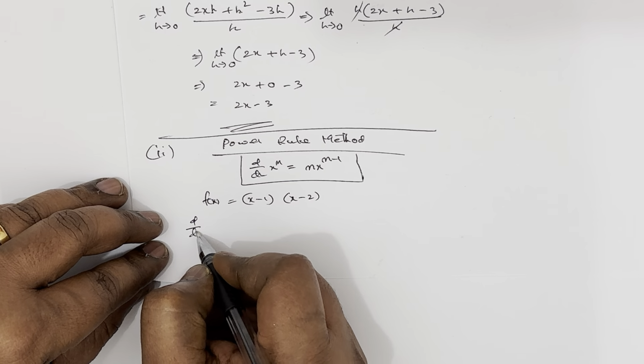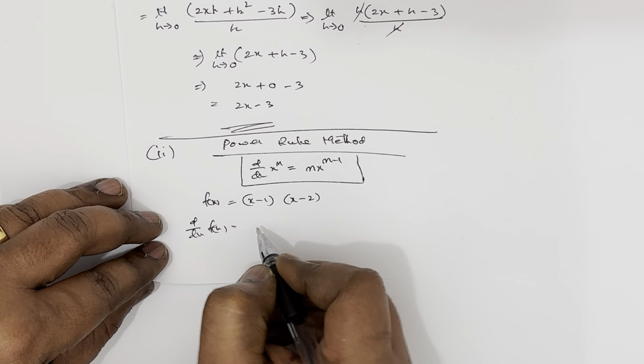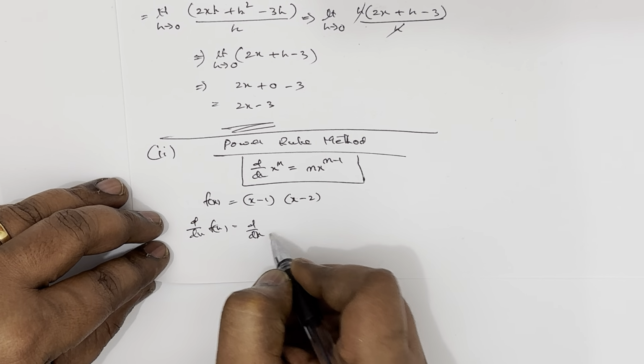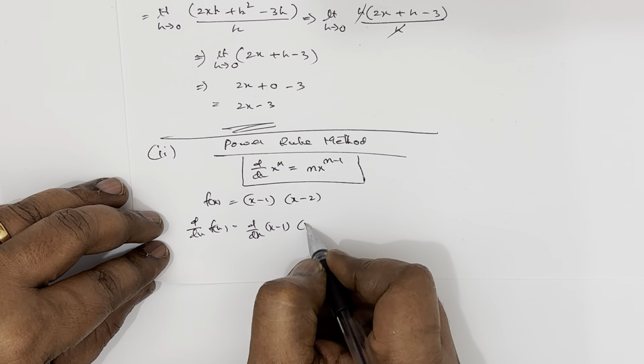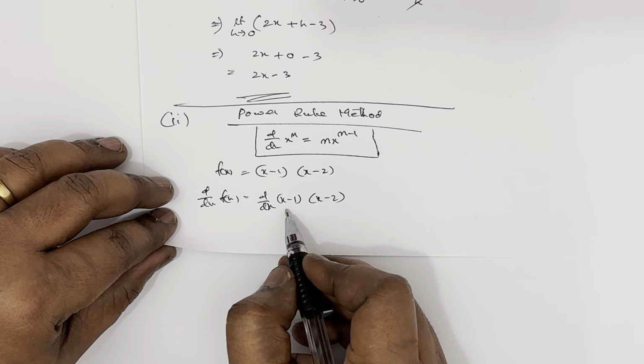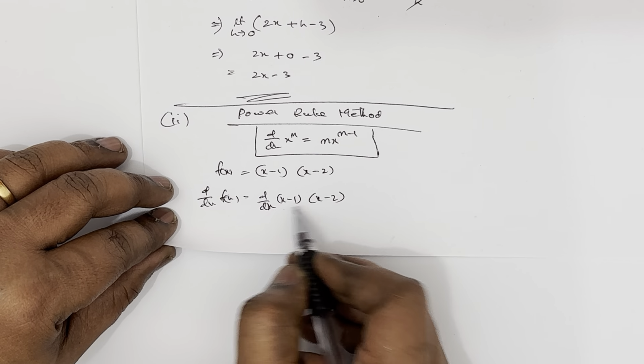So d/dx of f(x) is equal to d/dx of (x minus 1)(x minus 2). Now you see you have two functions, a multiplication of two functions.